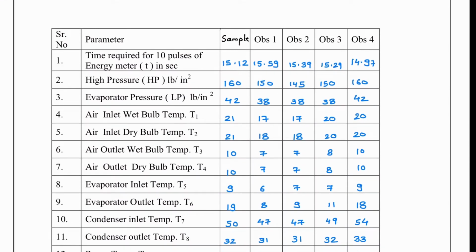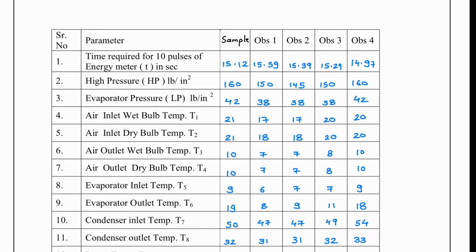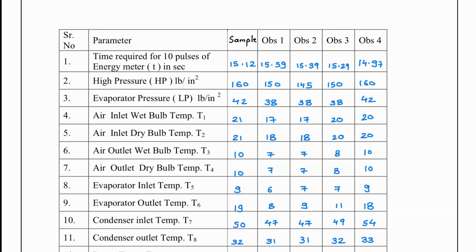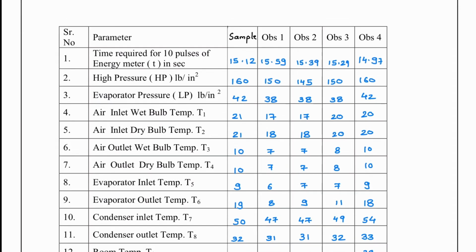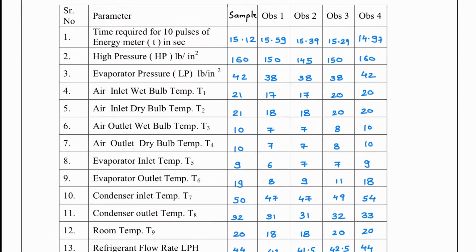Now we have taken the readings and all the readings are written over here in the observation table. This is a sample reading and we have observation 1 to observation 4. While performing, we had taken temperatures T1 to T9. Then we had taken the high pressure value, low pressure value and time required for 10 pulses of the energy meter.